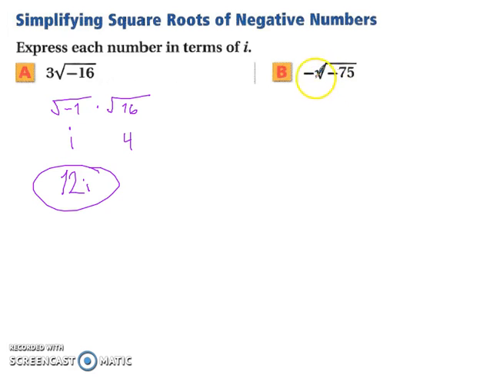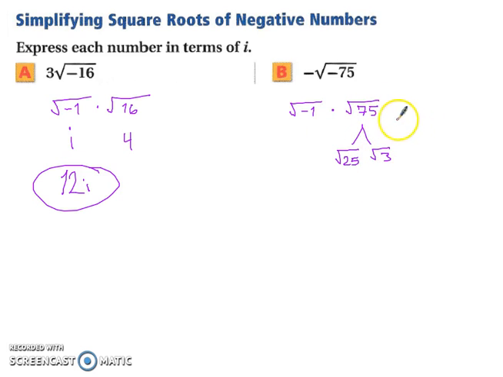Let's look at one that's a little bit more complex. Once again, we're going to ignore what's outside of the square root for right now, but don't forget about it. So we have the square root of -75. We can take this as the square root of -1 times the square root of 75. Unlike 16, 75 is not a perfect square, so we need to separate it out. We can break the square root of 75 into the square root of 25 times the square root of 3.